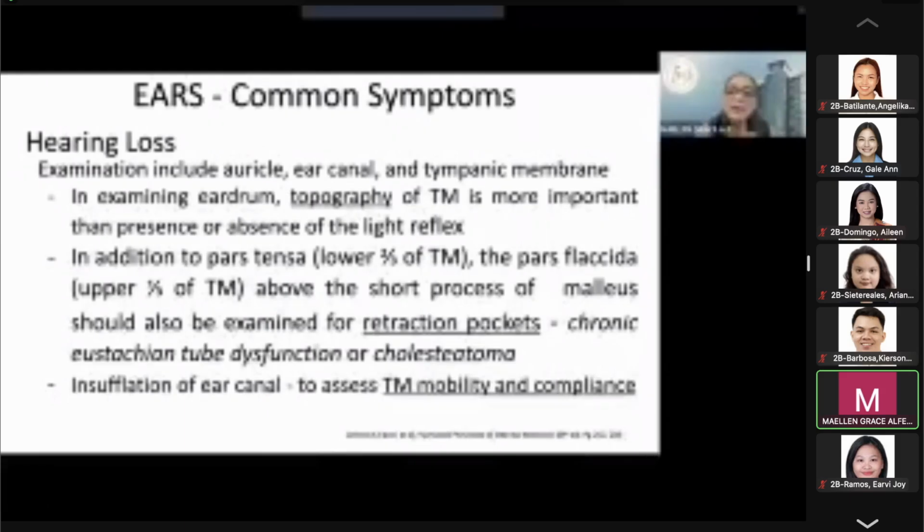You should be able to examine for retraction because this can be present in chronic eustachian tube dysfunction or cholesteatoma. Now, sometimes we do insufflation of the ear canal to assess the tympanic membrane mobility and compliance. But if you are not sure how to do this one, you can refer.